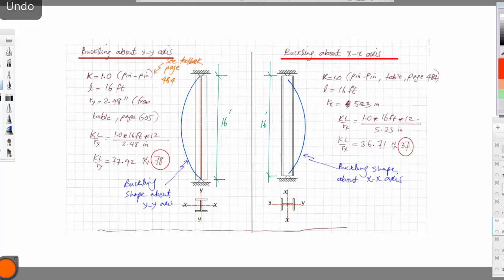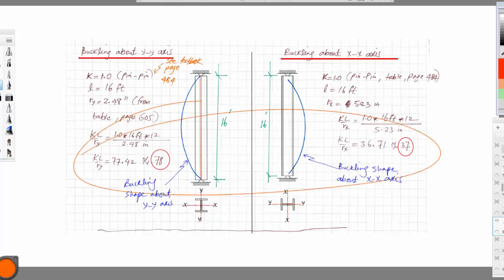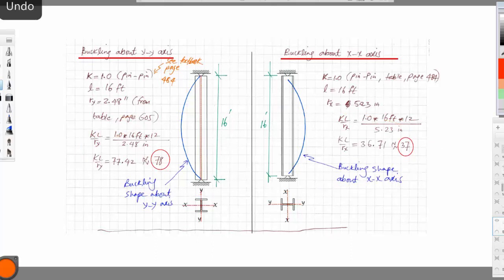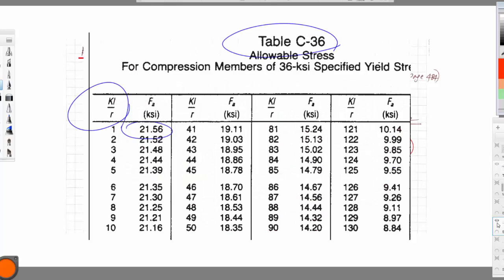Now step number 2 is we select the largest value of these KL over R's, which is 78 in this case. And if you go back to the table again, you see that as the KL over R gets larger, the value of the axial stress is less. For example, at 1 this is 21.